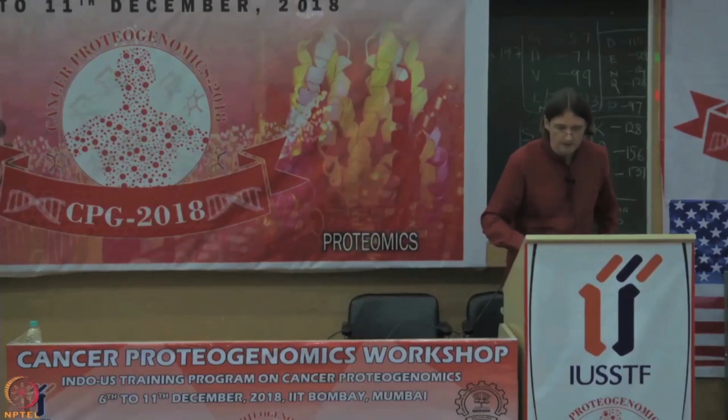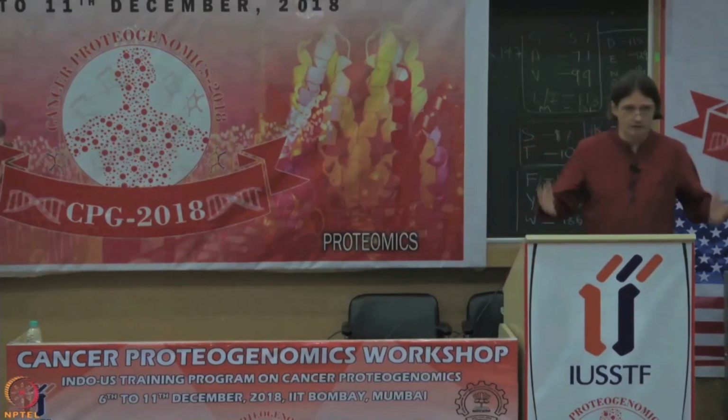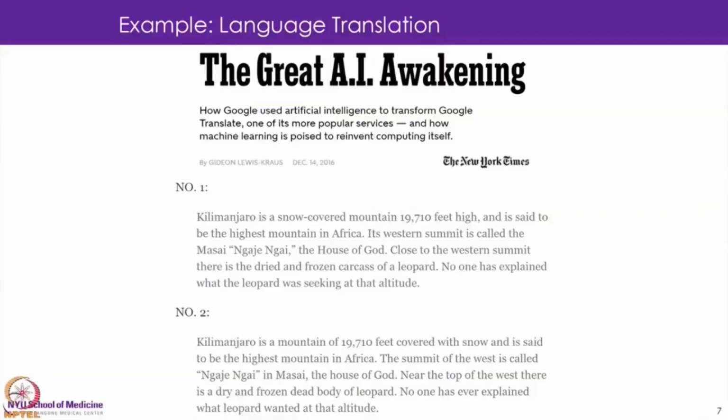Another example from the general field is language translation. This was in the New York Times two years ago. This is a passage from Hemingway's Snows of Kilimanjaro. One of them is Hemingway's original.